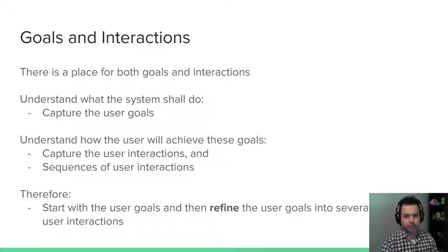So if you don't have a clear goal in mind, it's very hard to develop something. So these use case diagrams are really great for capturing that need for structure in your program, basically, right? What the system's going to do is where our goals come from. How the user is going to achieve those goals is the user interactions.